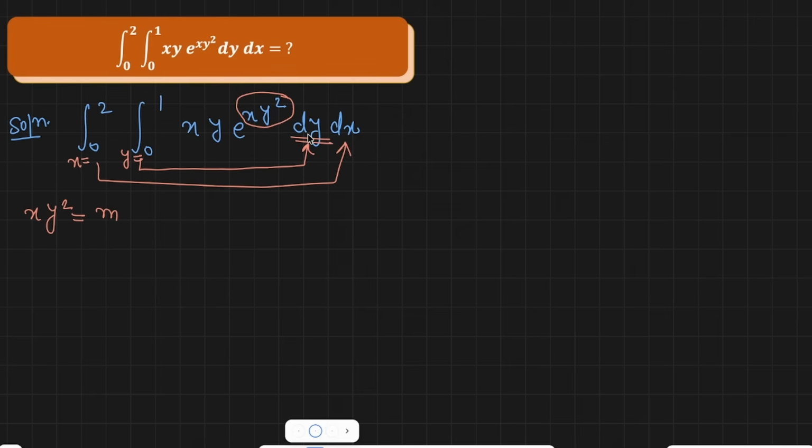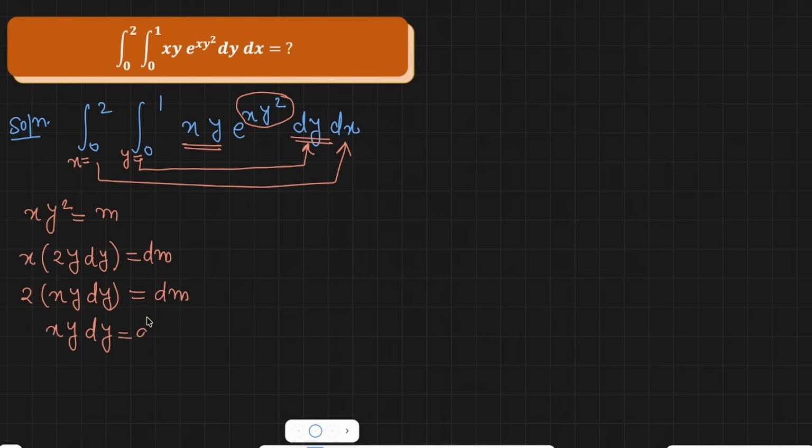First I am integrating with respect to y, then x is constant, it will be 2xy dy equals dm. So I can write xy dy equals dm over 2. It means in place of this I can replace it by dm over 2. This is my technique to solve the integral.